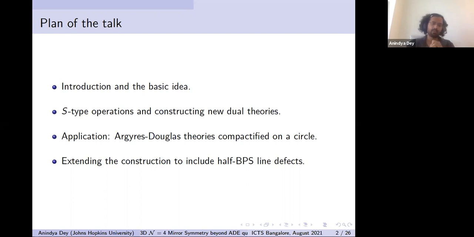And then if I have time, I'll discuss how to extend this construction to include dualities including half-BPS line defects. Okay. All right. So let's begin. Are there any questions at this point? Okay. If not, let's begin.